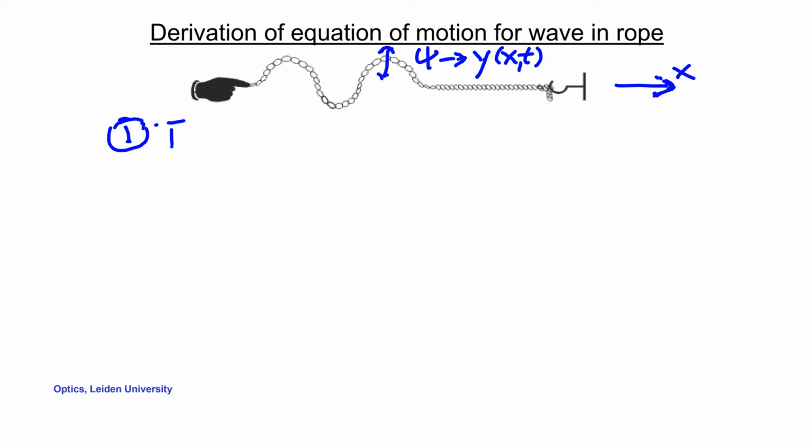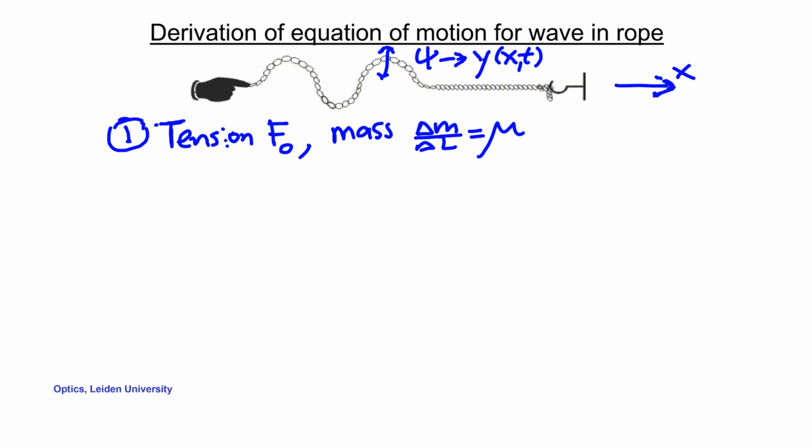And if you think about it, I can think of two parameters. One being the tension in the rope, so the pulling force on the rope. If I pull hard on the rope, I expect the wave to move faster than if there is less tension in the rope. The second parameter is the mass of the rope, and in particular the mass per unit length, which I'll indicate with mu.